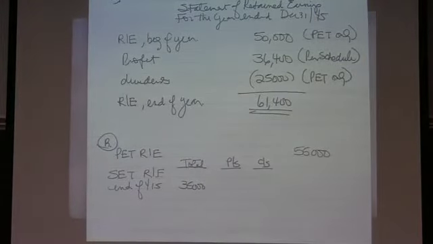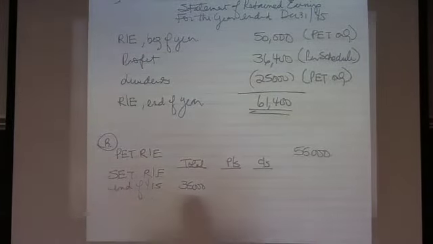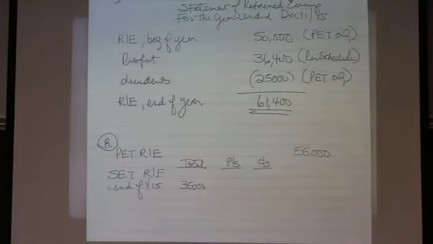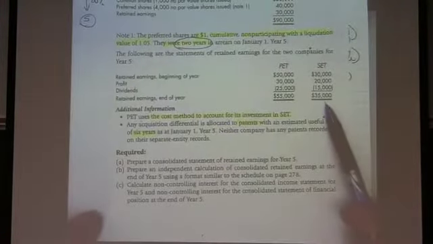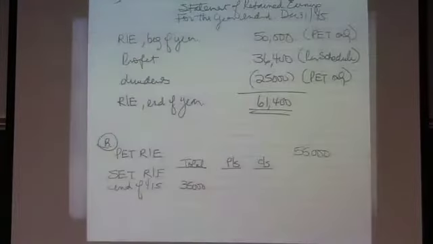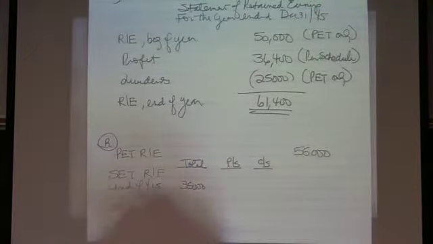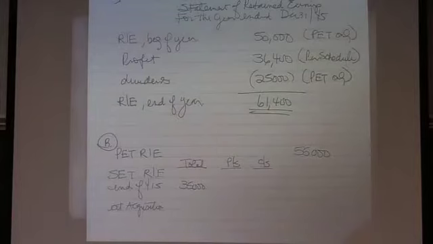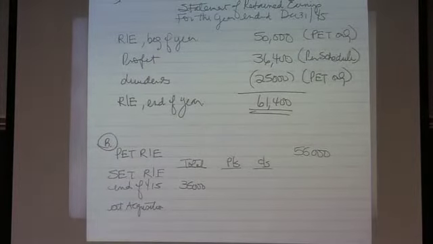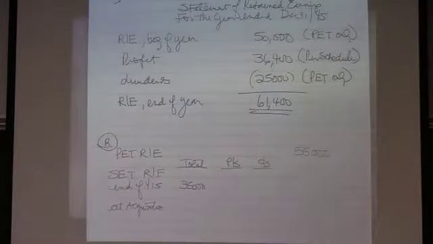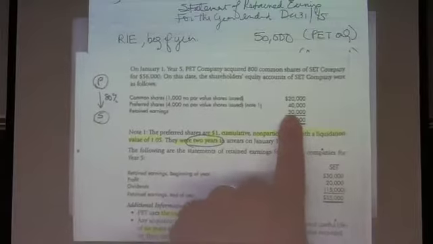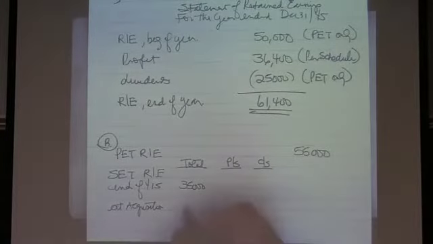Okay, so this 35 is this 35. Okay? Now what are we doing next? We've got at acquisition, what was the retained earnings on acquisition? We know it was 30. That's the acquisition retained earnings. That's 30 right here.